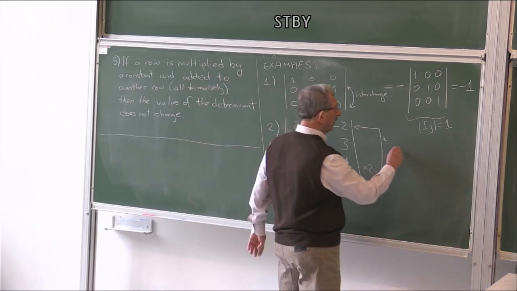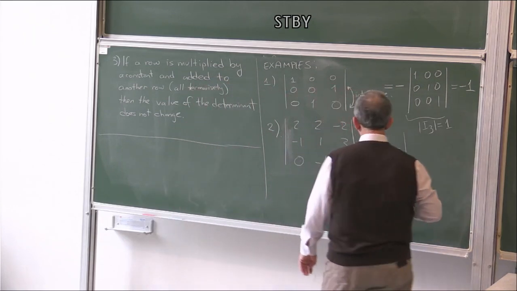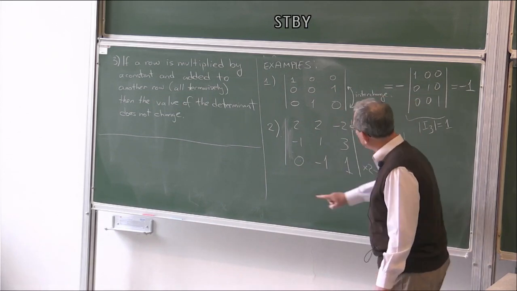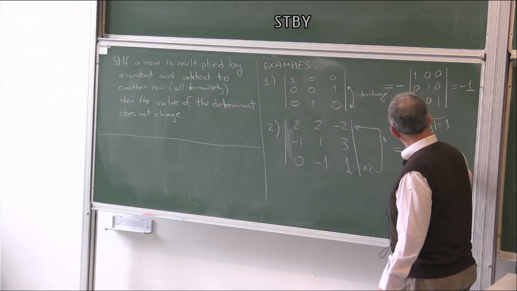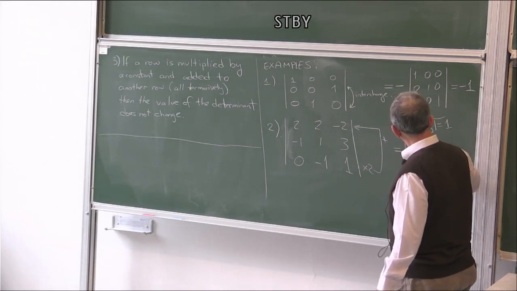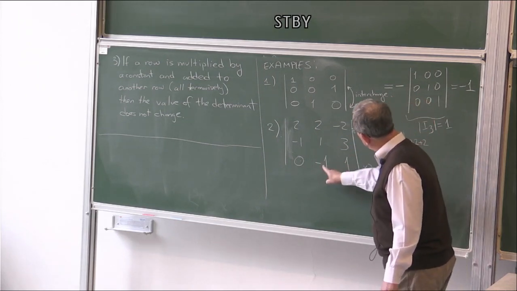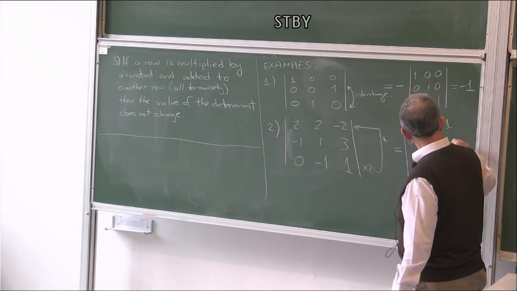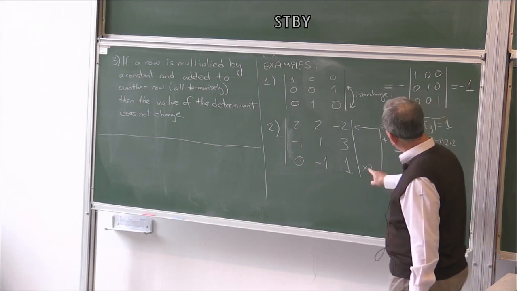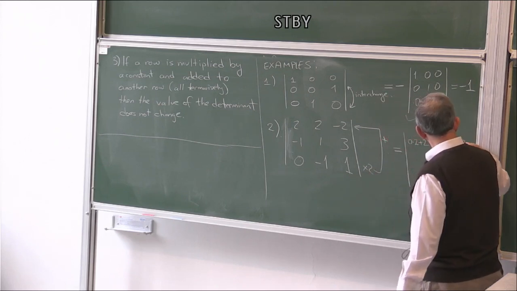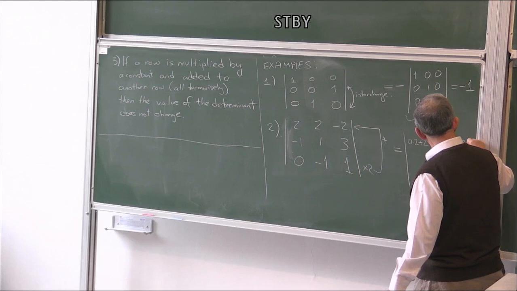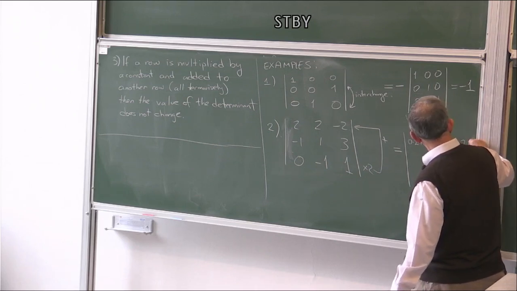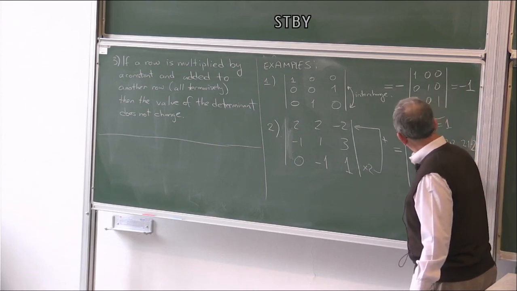So this is equal to the determinant of, now let us carry out 2 times 0 plus 2, and 2 times minus 1 plus 2, and 2 times 1 plus minus 2. And the others did not change.